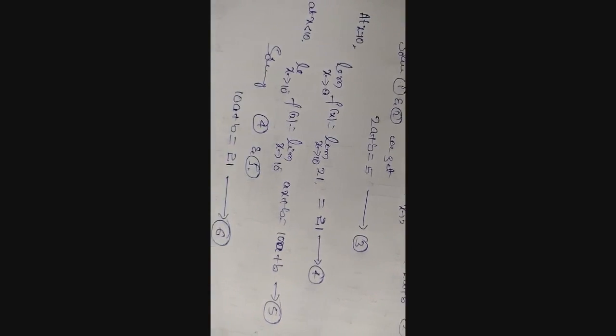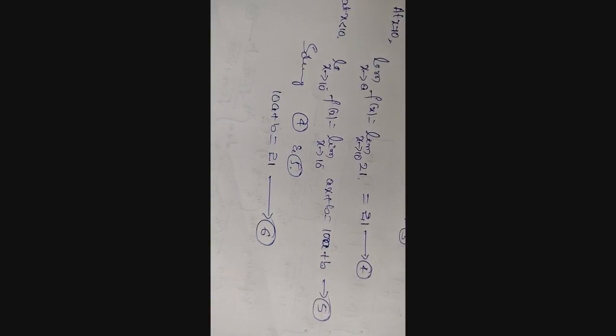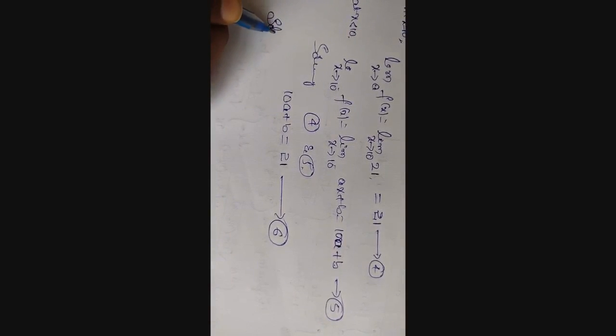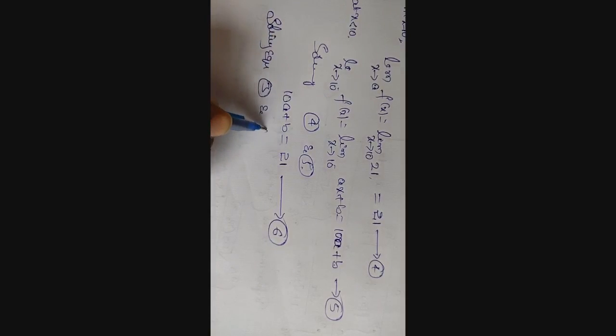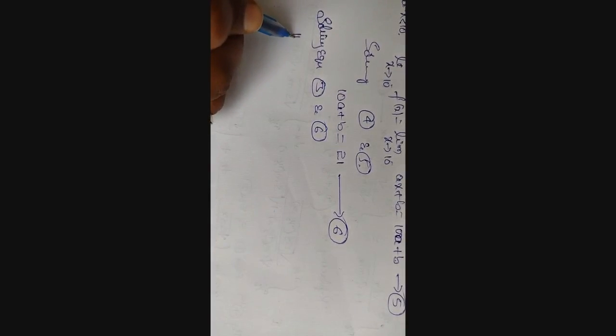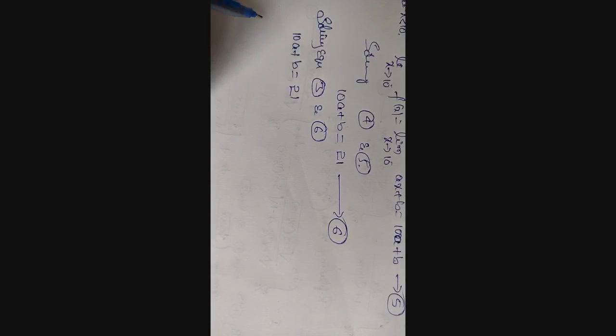Equation number 3 is 2a plus b is equal to 5 and equation number 6 is 10a plus b is equal to 21. Solving equation number 3 and 6, we get 10a plus b is equal to 21 and 2a plus b is equal to 5.